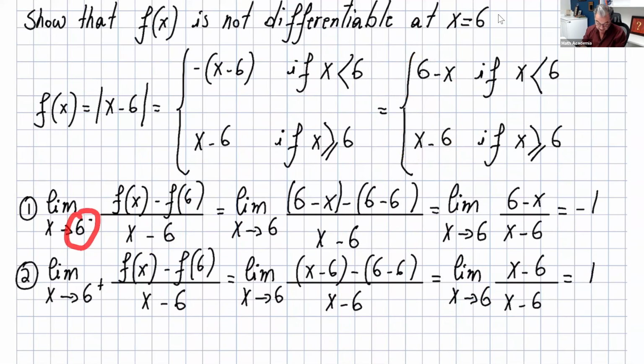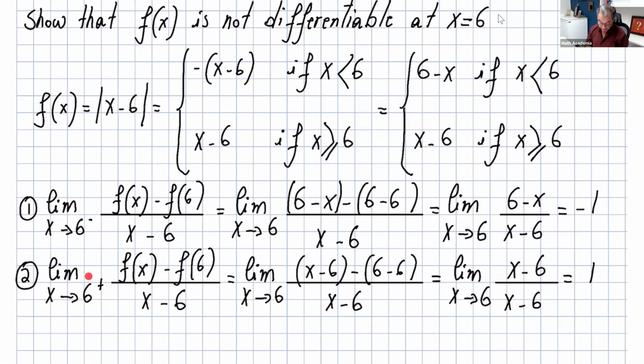So first we're going to calculate the limit as x approaches 6 from the left side. We take the top function: f of x minus f of 6 over x minus 6. So it's going to be 6 minus x minus 6 minus 6 over x minus 6. And if you do that, then you get -1.